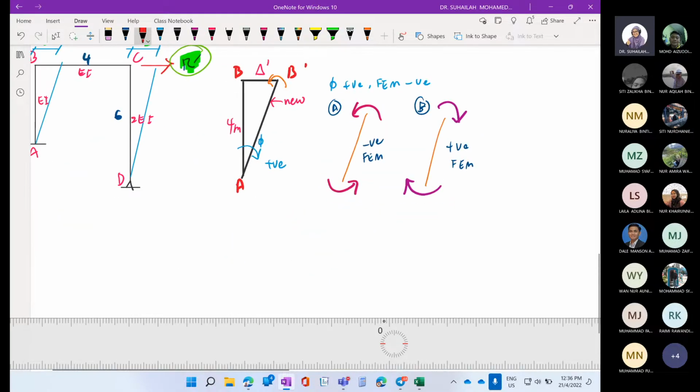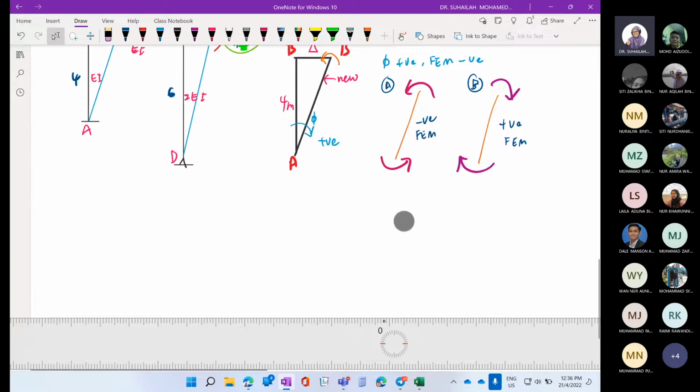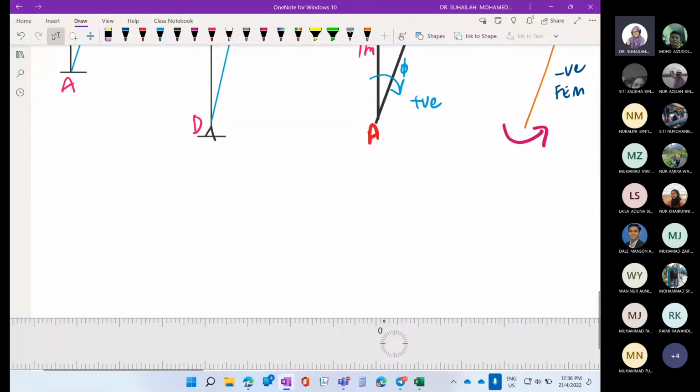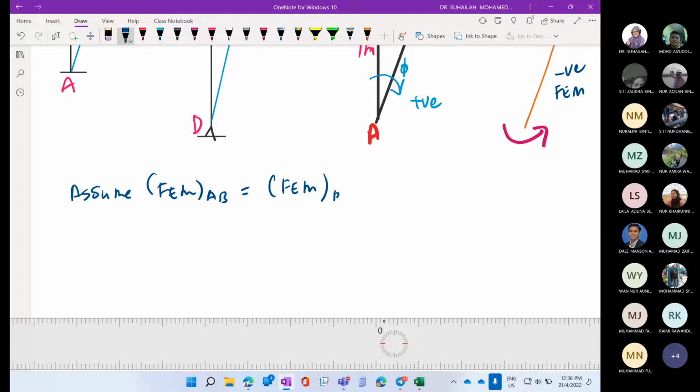So what we need to do is assume FEM. We have the same sign for FEM AB and BA, and it must be negative, and the value suggested by the textbook is 100 kilonewton meter.